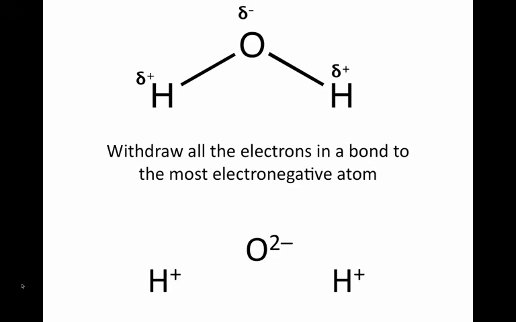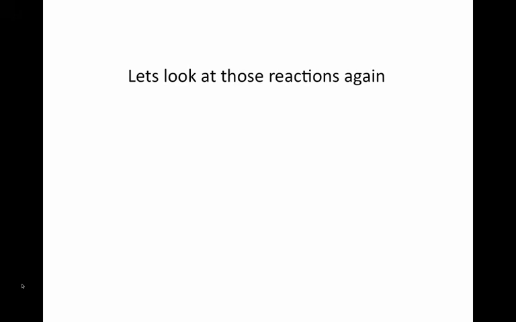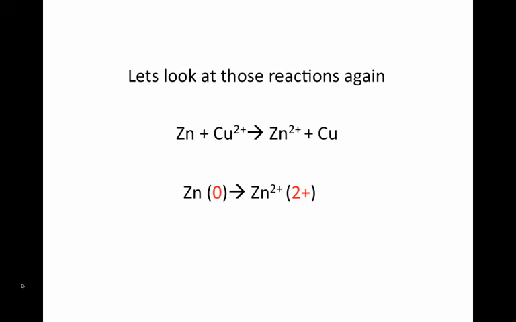And this is really the underlying idea behind oxidation numbers. They're just a way of electron bookkeeping, and it allows you to see whether the element has lost or gained a share of electrons during the reaction. Okay, so if we look at those reactions again, for example, zinc and copper, we see that zinc, during the process of being oxidized, goes from zinc 0 in the elemental form to zinc 2 plus.